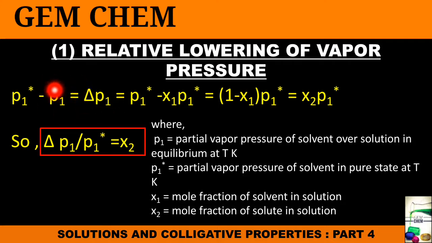Now this P1 can also be written as X1 P1 star from Raoult's law, and this is applicable for ideal or ideally dilute solutions. So now we take P1 star as common and we get (1 minus X1) P1 star. We know that the mole fraction of solvent is taken as X1 and the mole fraction of solute is taken as X2, and the total mole fraction, X1 plus X2, is always equal to 1.